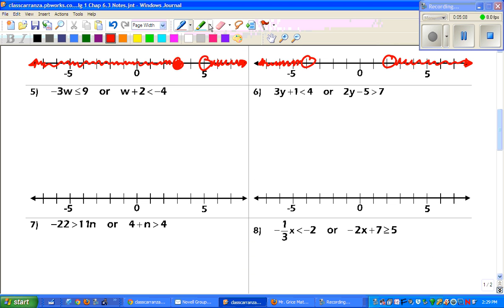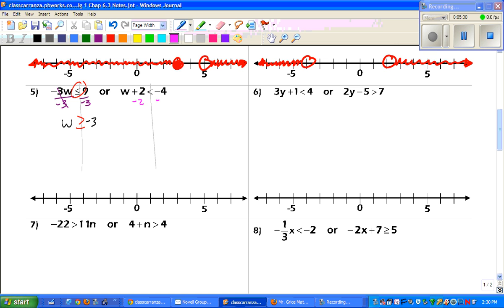Okay, number 5. All of our rules about dividing negatives and flipping the sign are still the same. So w is greater than negative 3.